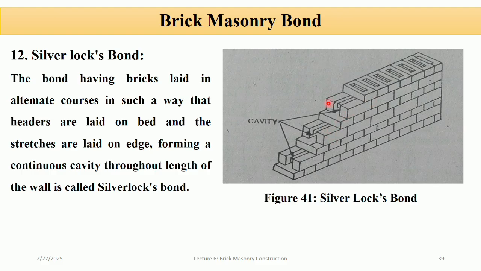You can see that the headers are laid on bed and the stretchers are laid on edge, and a cavity is formed between the two stretchers placed on edge. This type of bond is suitable for the construction of garden walls and partitions, etc.